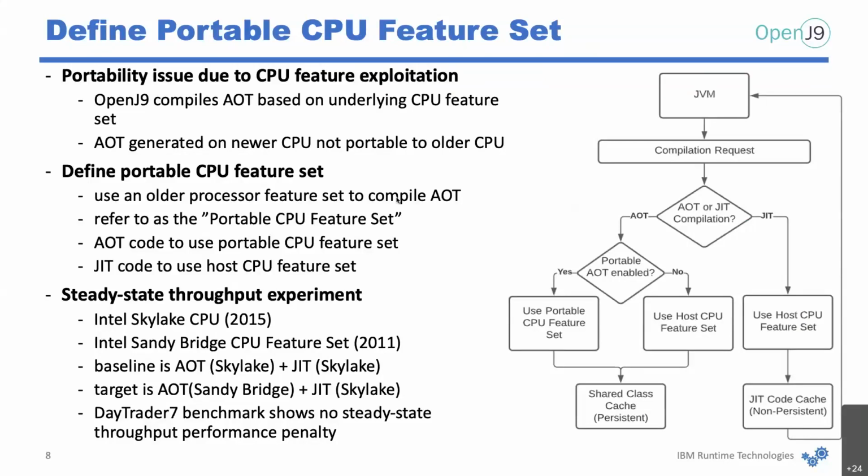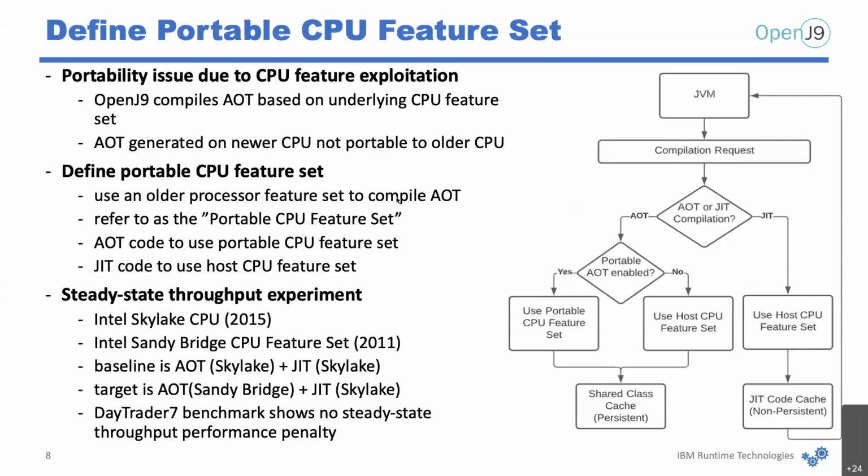The figure I have here on the right is a simplified version of the implementation. The JVM is going to issue a compilation request at the top. If it's a JIT compilation, then it will use the underlying CPU's feature set for optimizations and code generations.